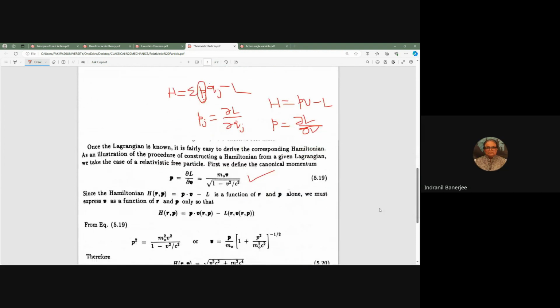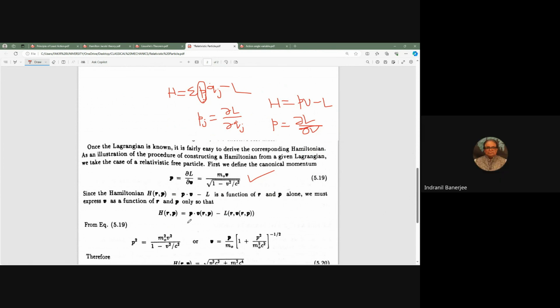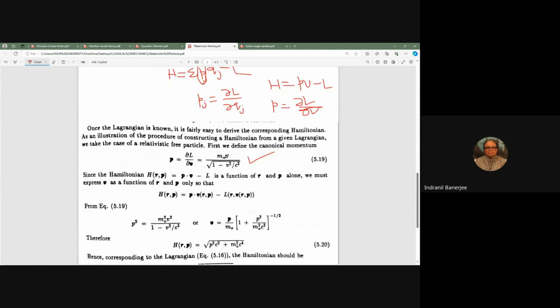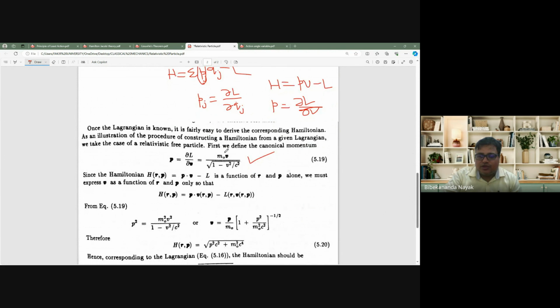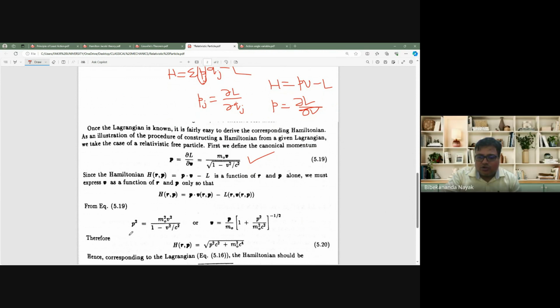So the derivative will be this much. And using this formula, Hamiltonian is P dot V minus L, putting this value and multiplied by V.